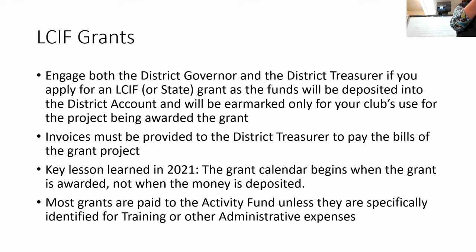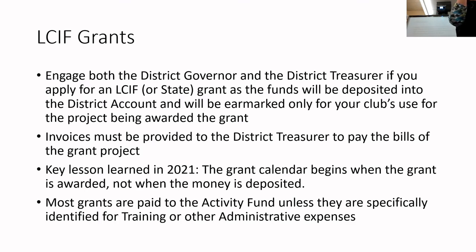I've suggested to both LCIF and to the Quest grant group that the district treasurer be added to the people who are notified from the beginning and what their expectation is. We can meet your expectation, but you can't meet it timely if you're scrambling or if you don't know about it until the last minute. I learned the hard way, not once, but twice.